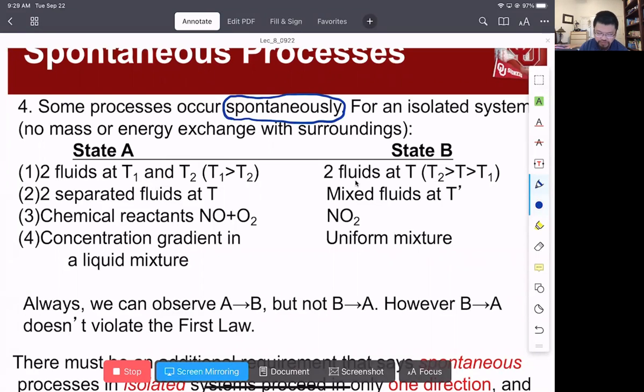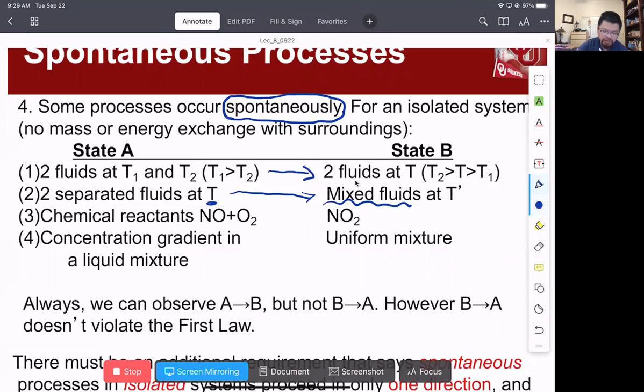So we can see that for case one, when we have two fluids at two different temperatures, eventually they are going to have a homogeneous uniform temperature for the two fluids. This shall be the final and stable state. And then if we have the same temperature but two different fluids, then when we put them together, we are going to have a quite nice mixture instead of two obvious fluid phases.